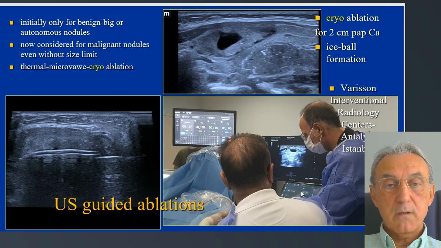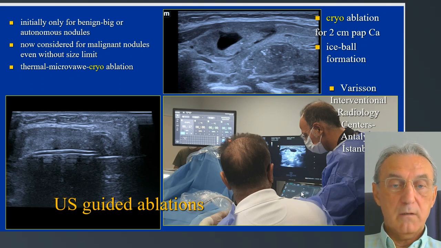This is a recent case that I have seen in my soon-to-be interventional radiology clinic. My colleagues are doing cryoablation for a 2 centimeter papillary cancer. Here you see the nodule with punctate echo.